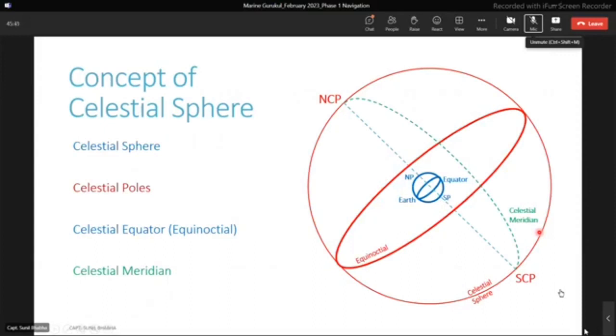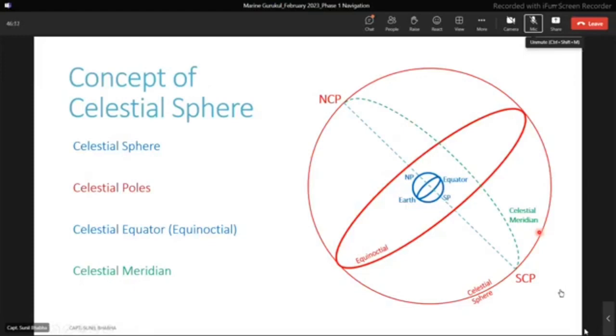Now, if we project the meridian of Greenwich onto the celestial sphere, wherever it projects or falls, that is called the celestial meridian of Greenwich. Now, the celestial meridian of Greenwich is used as a reference to specify the position of a body, but we do not use the longitudes on the celestial sphere.